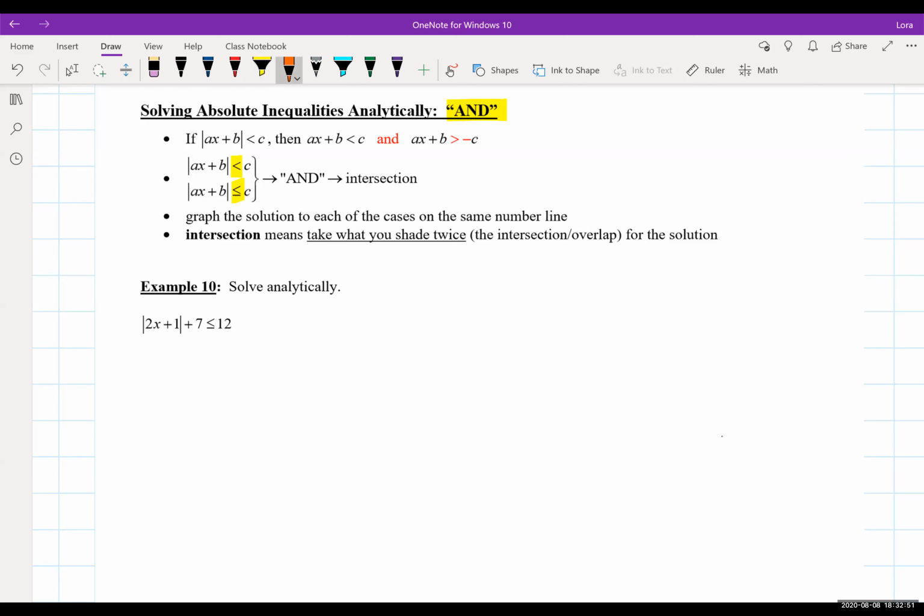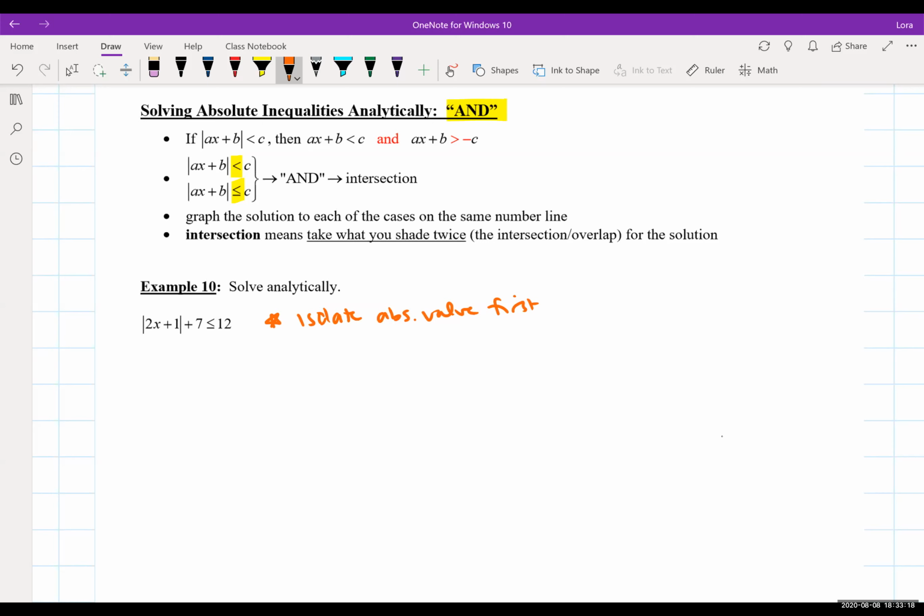So before we start with example 10, I know you're probably guessing, oh yes, it is going to be an AND case. You are correct. But before I even judge anything, the first thing I always want to do is make sure you isolate the absolute value bars first. So don't do anything until those absolute value bars are isolated.